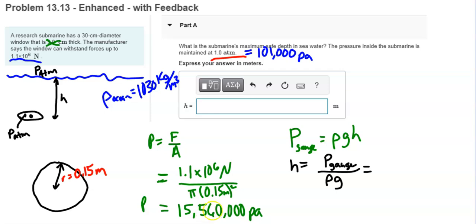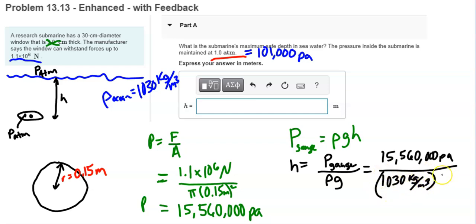And that pressure is this quantity over here, the 15,560,000. We're going to divide that by the density of seawater, 1030 kilograms per meter cubed, times g.